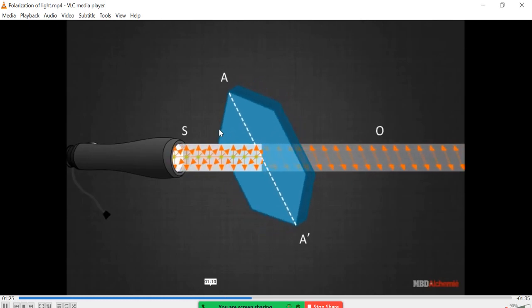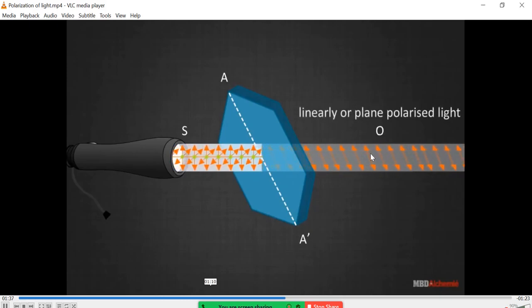Now we're changing the rotation of the filter or the direction of the filter. Now we have a different direction of that polarized light. It's a line, so it's a linear polarization.